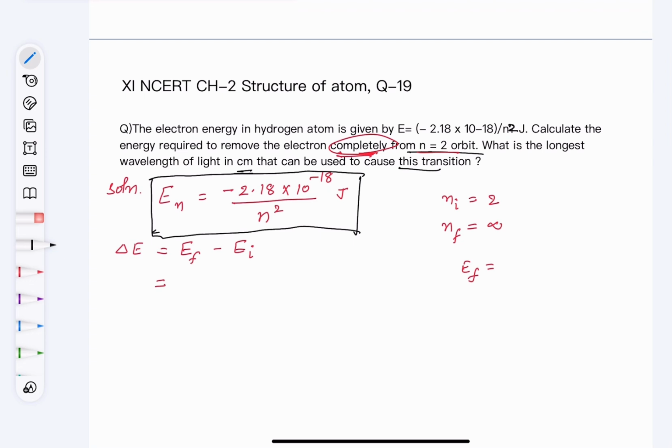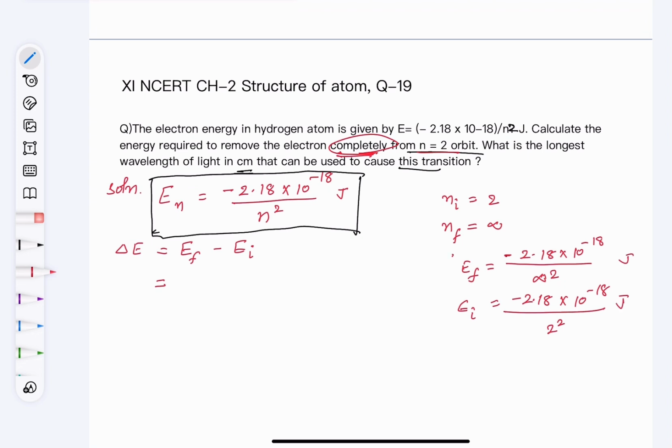It would be minus 2.18 into 10 to the power of minus 18 divided by n, which will be infinity square. Similarly, EI would be minus 2.18 into 10 to the power of minus 18 divided by 2 square, as the initial orbit is 2. These energies are in joules.